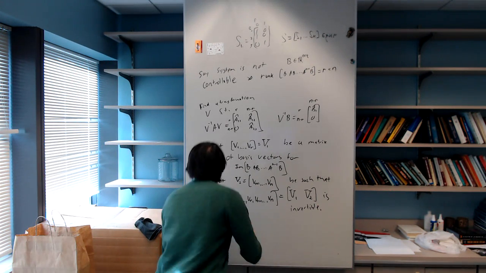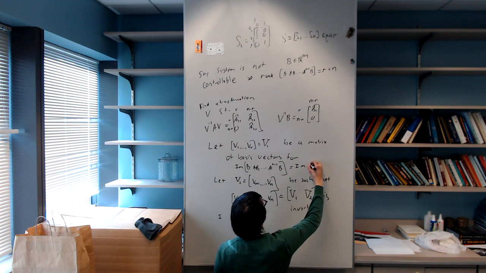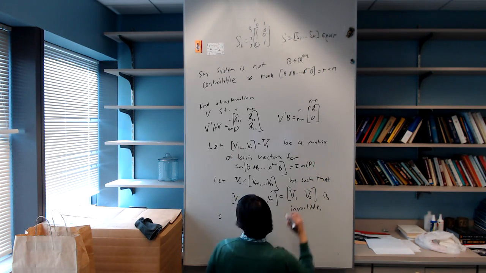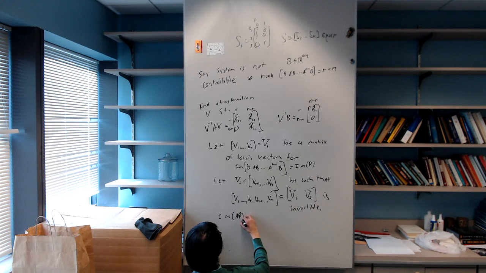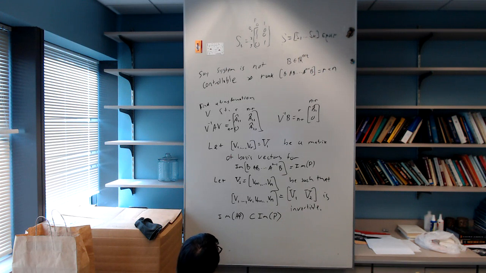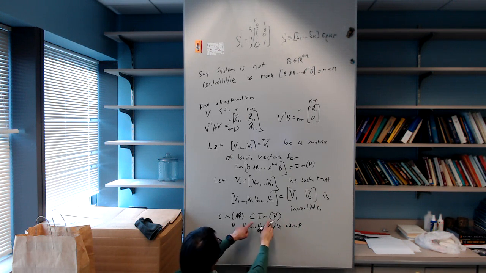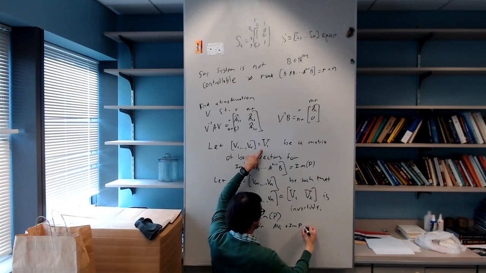What I'm going to show here is that, if P is the controllability matrix, the image of AP is actually contained in the image of P. In particular, this is going to imply that for all v1 through vr, A vi is in the image of P, which is the image of this V1 by its construction.